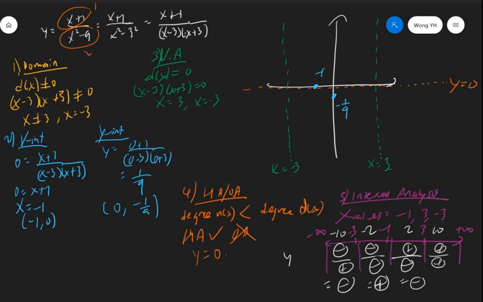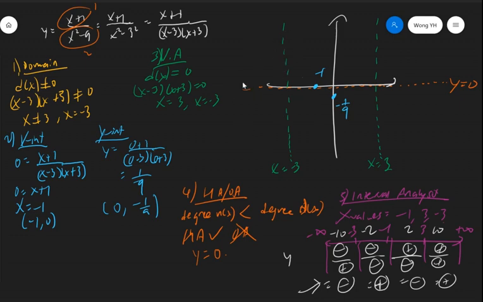So this shows you whether it's above or below the x-axis. Negative shows that it's below, plus shows that it's above the x-axis. Now we're going to complete the graph here. First interval, minus infinity to minus 3, meaning this part.